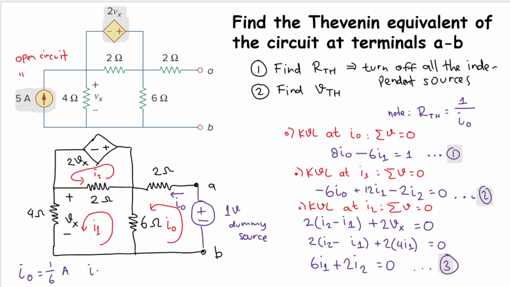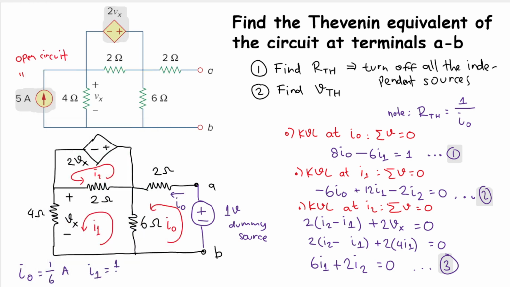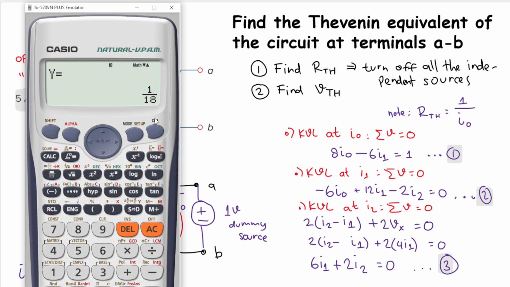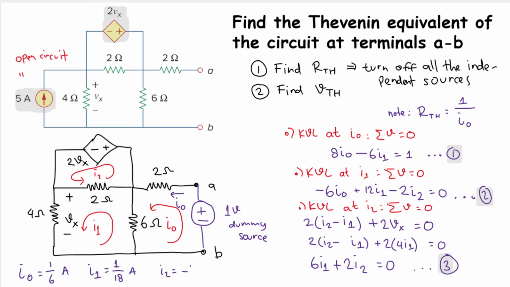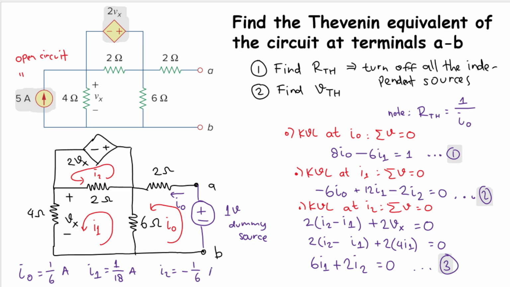And then what is I1? I1 here is 1 over 18 ampere. And then I2 is minus 1 over 6 ampere.